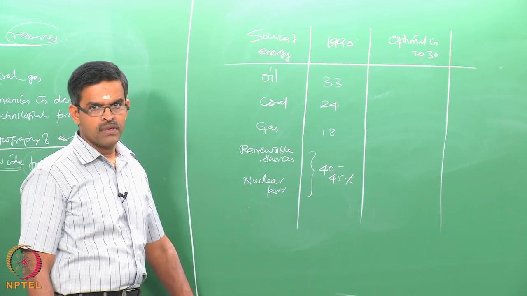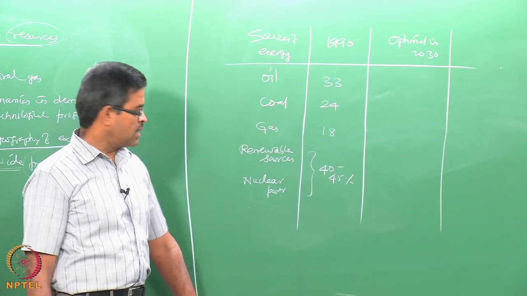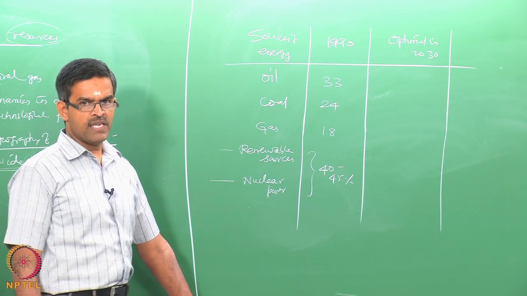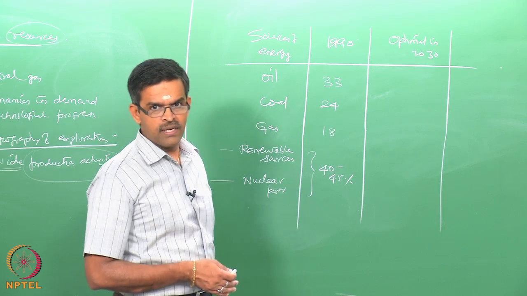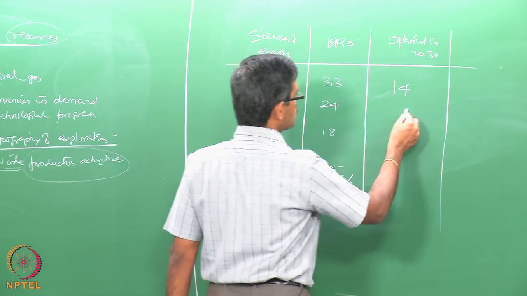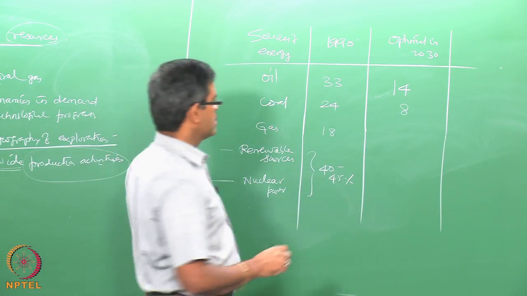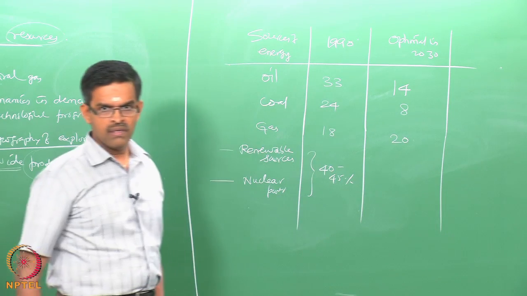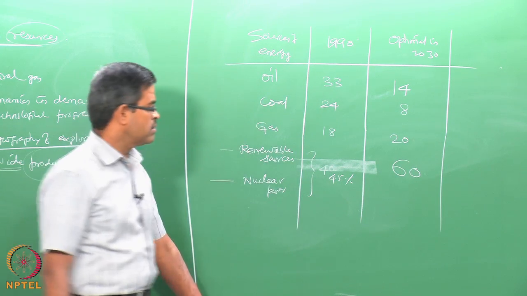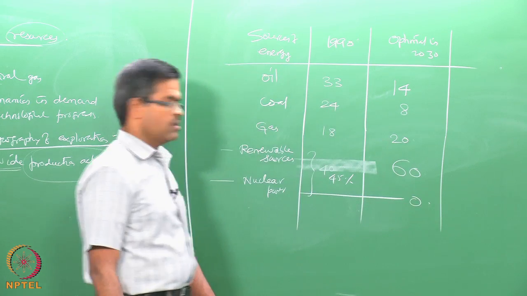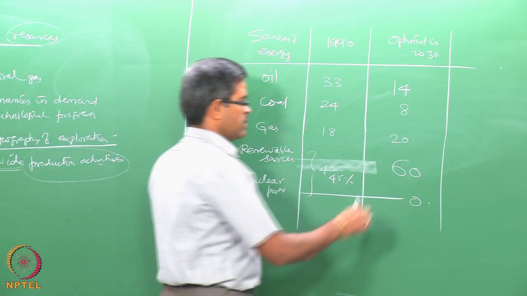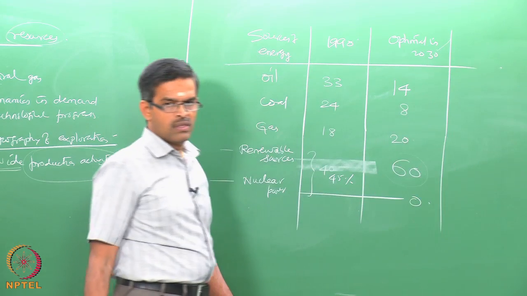But looking at the recent trend and some of the inventions and some of the consequences of certain sources of energy which have been seen, it is projected in the literature that the oil source will get depleted, coal will also get depleted further, gas will remain almost consistent, whereas the focus is towards an increase in renewable energy and with lower focus on nuclear power.